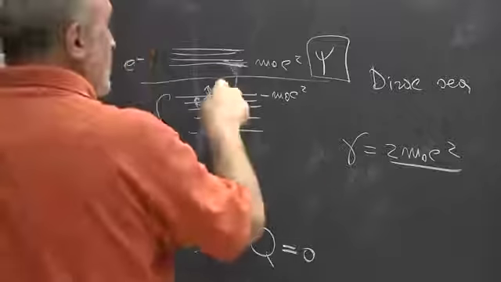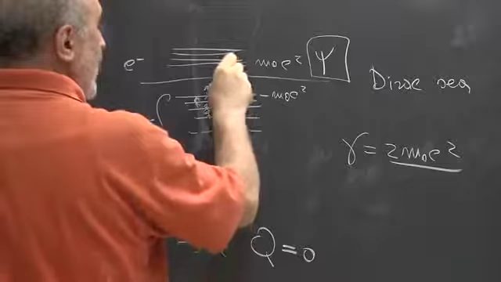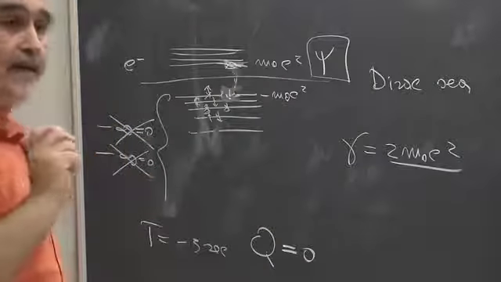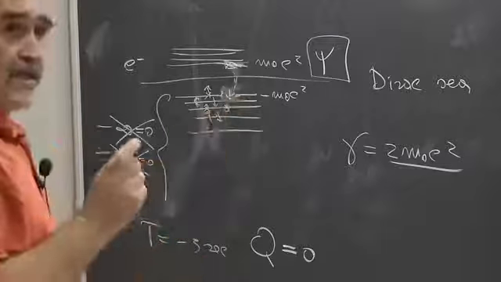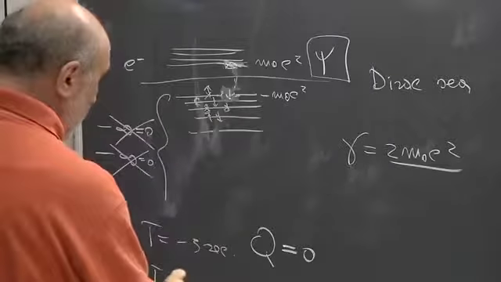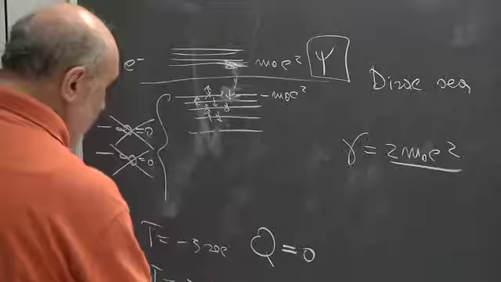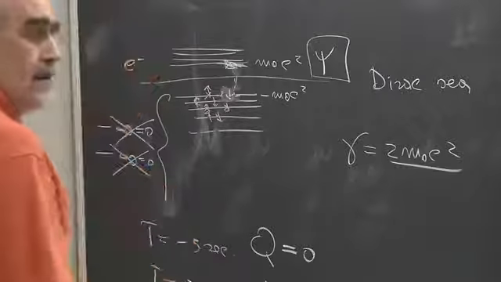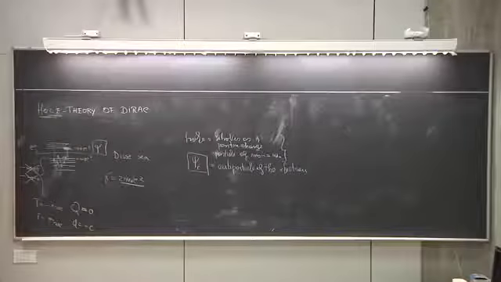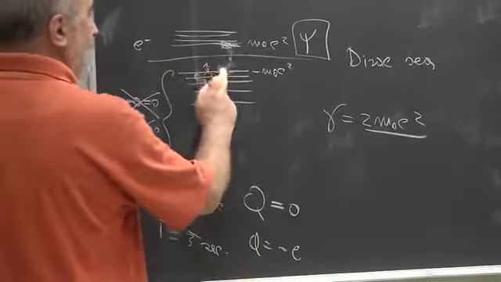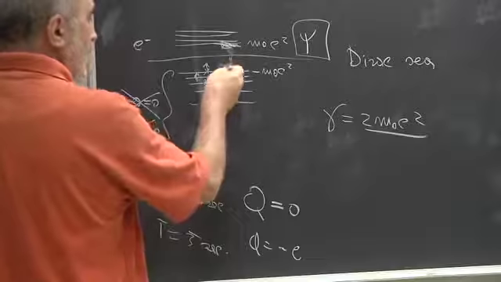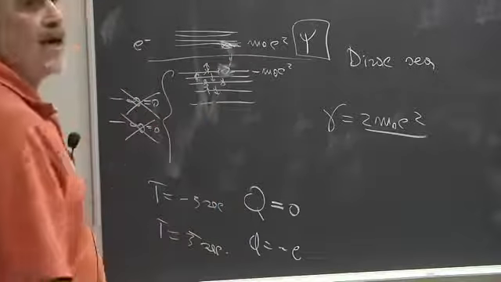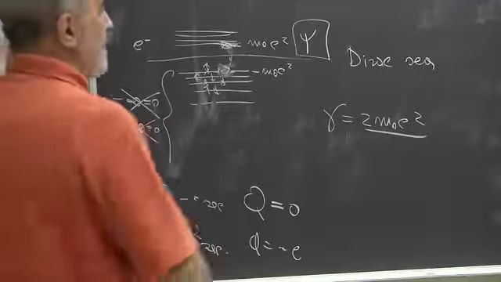Then we give this amount of energy, and an electron jumps and goes there. Okay, so out of the vacuum now, at positive energy, we see an electron. So at t equal 5 seconds, Q is equal minus e. But then there is no charge conservation. Then it means that what is left behind, that is a hole, because the electron came out from there, must behave as a positive charge object, okay?